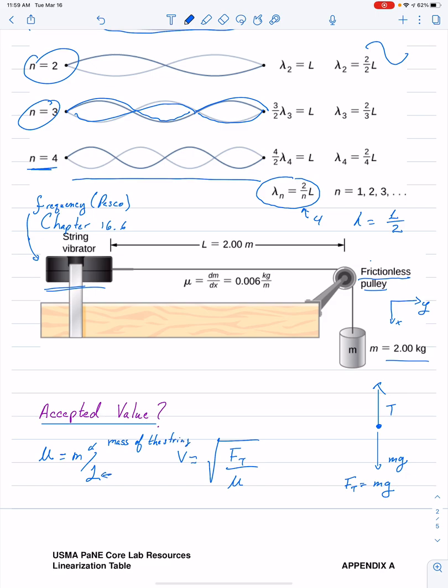And find the length of the string. You find those two things and you'll get your own accepted value. We will not give you an accepted value. You will have to find it on your own. So find the mass of the string and find the length of the string.